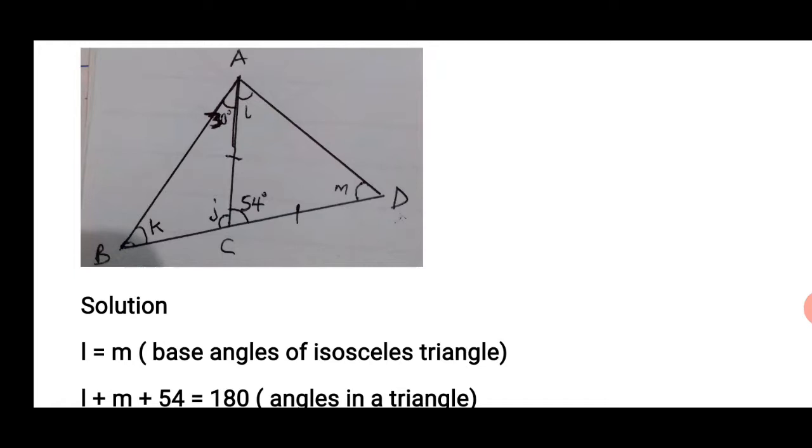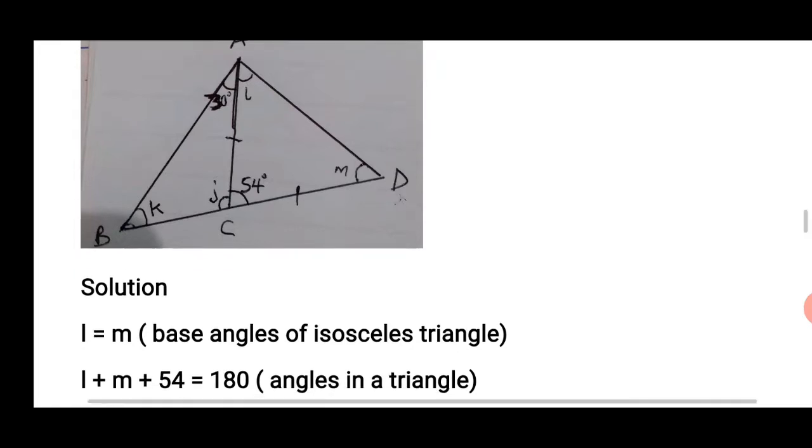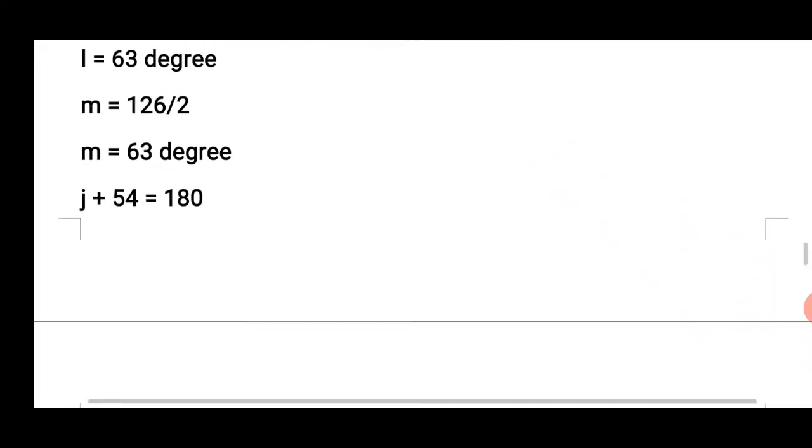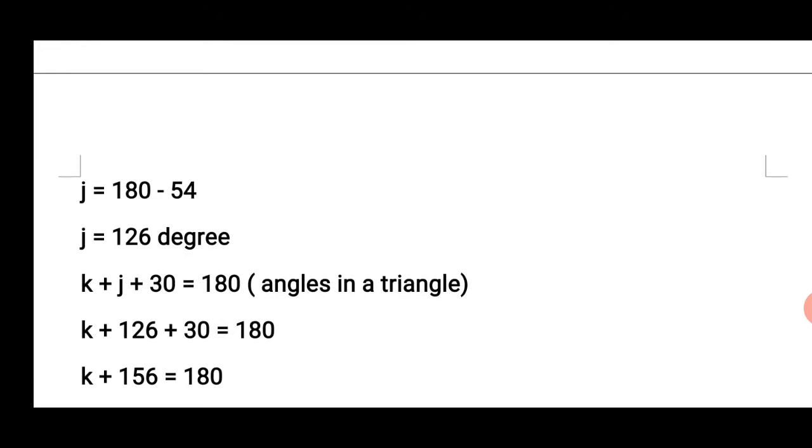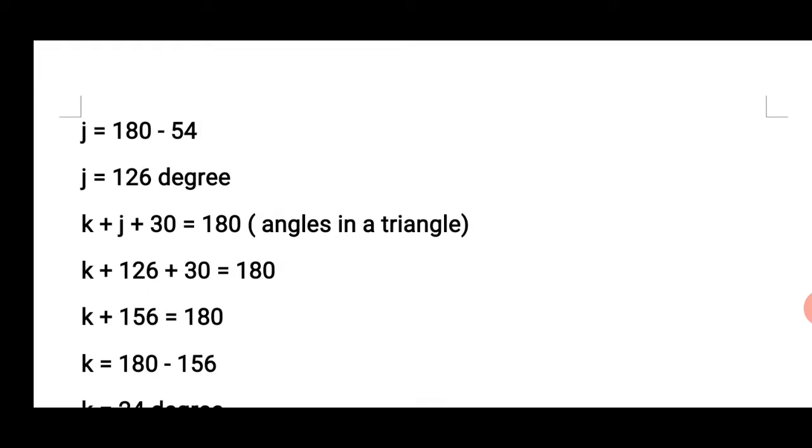Then it is easy for us to find angle K. We just say angle K plus J plus 30 is equal to 180 degrees, as we have done here. Angles in a triangle. Then we substitute for J, which we already know to be 126 degrees.